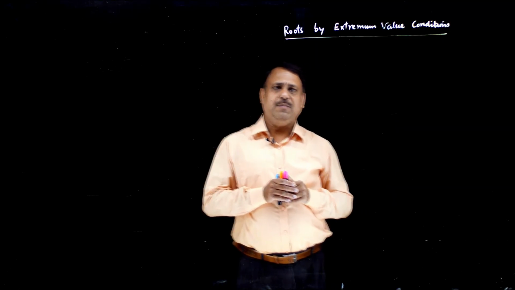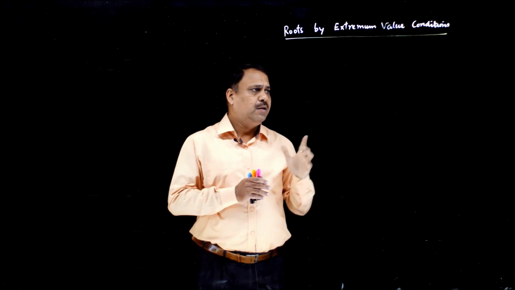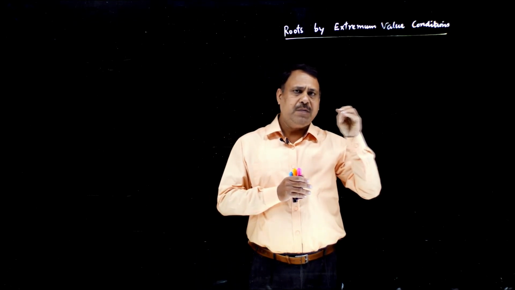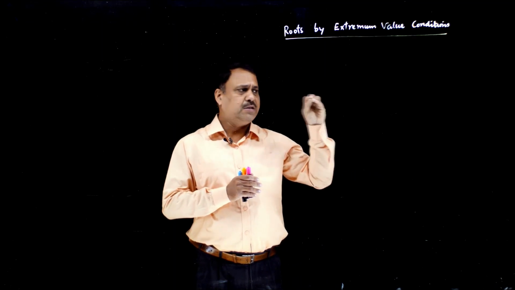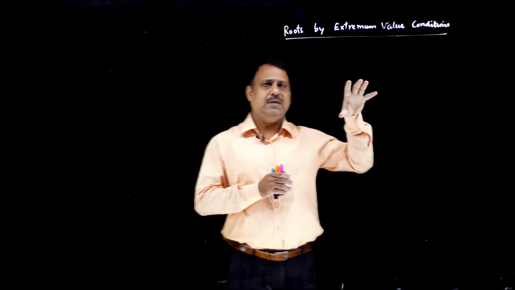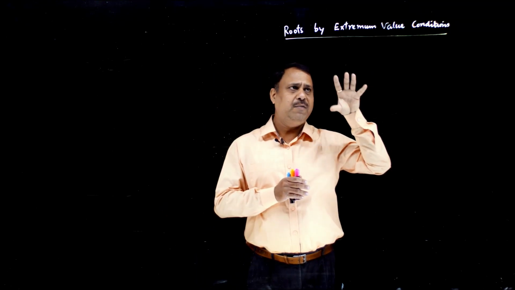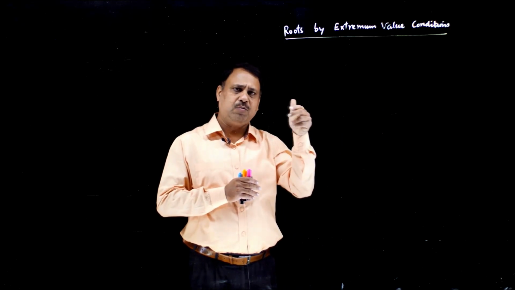The second type of question is where we can have more than one variable but a single equation. From an algebraic point of view, if there are n unknowns, we must have n equations so that the system of equations is solvable for n variables. For example, with two unknowns x and y, you must have two equations.